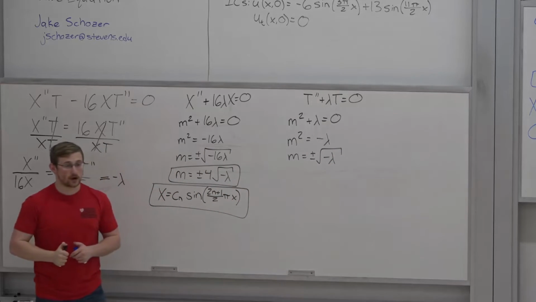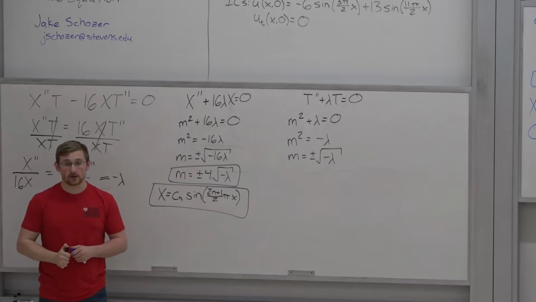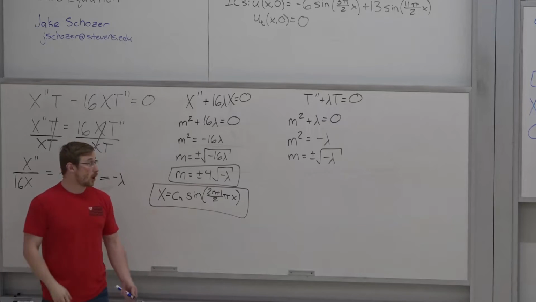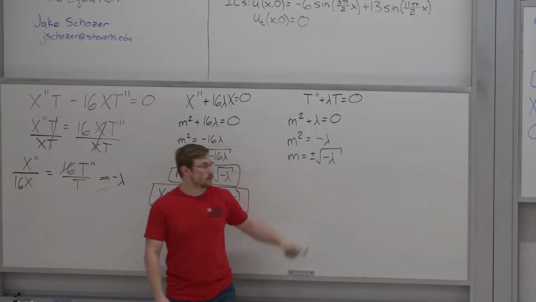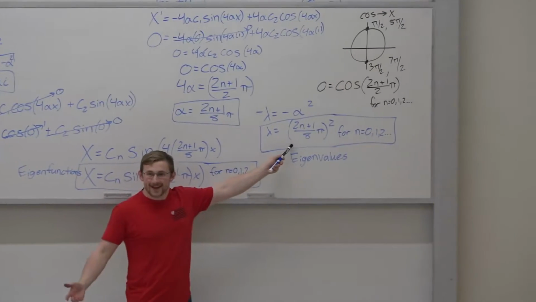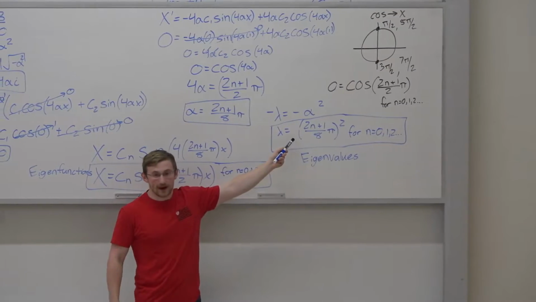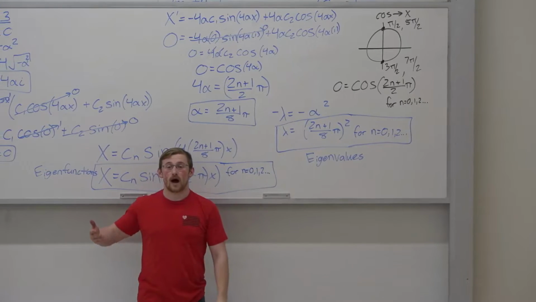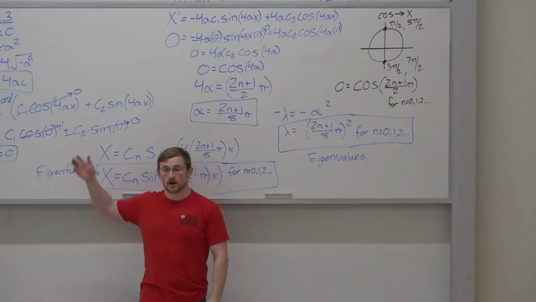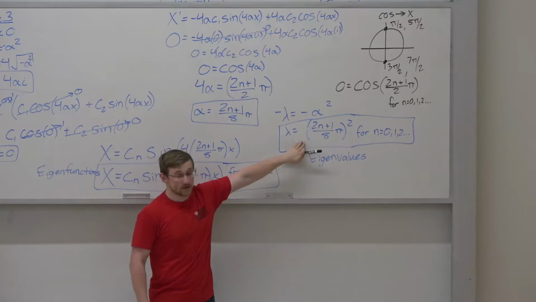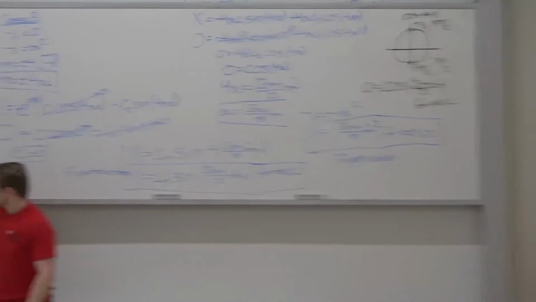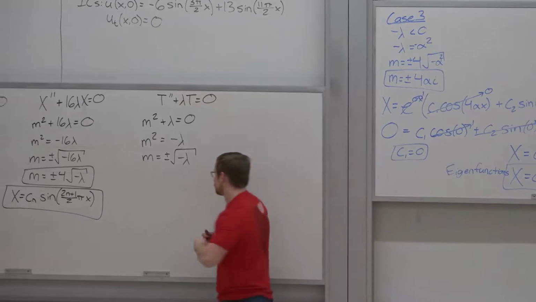And now you might be looking at me and saying, oh God, we have to do 3 more cases? No. Because I already know what lambda is. Right? That's super cool. We have it right here. That's also why we solved for x first. Because x allowed us to find our eigenvalues that I can now take these and plug it right in here.